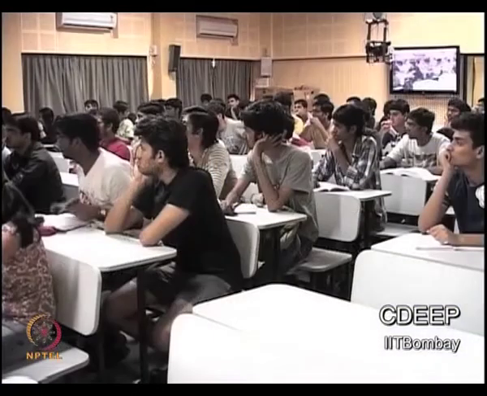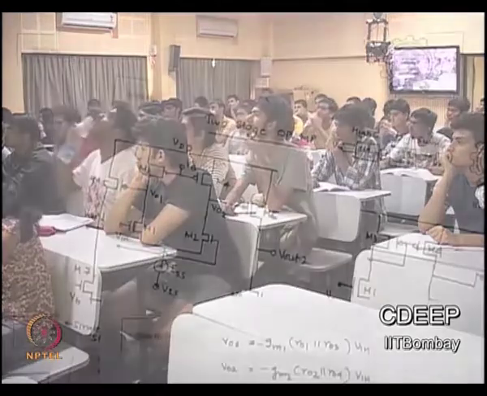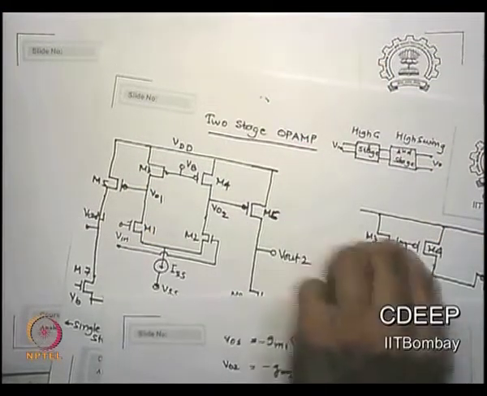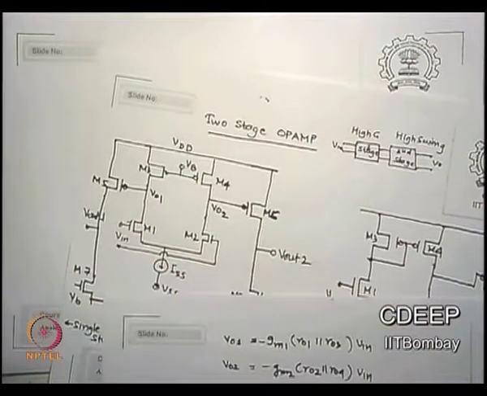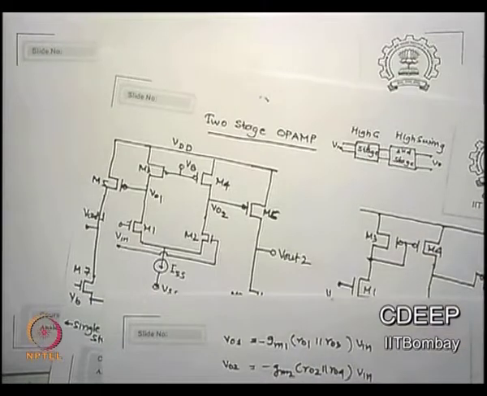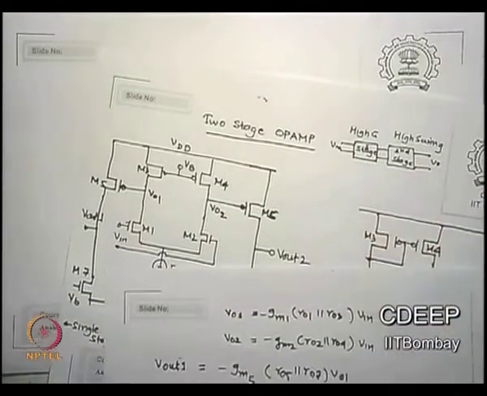So yes, in this case I want the current to be taken from somewhere, from where I get p channel currents. So the gate of this must come from a p channel side. If I want a current on this to be fixed by me, this p channel gate cannot be connected to n channel gates, so they must be connected to p channel gates.